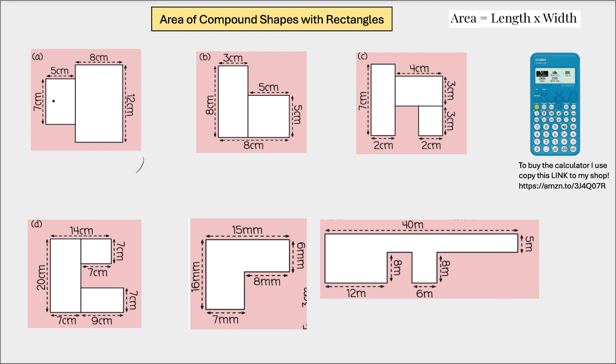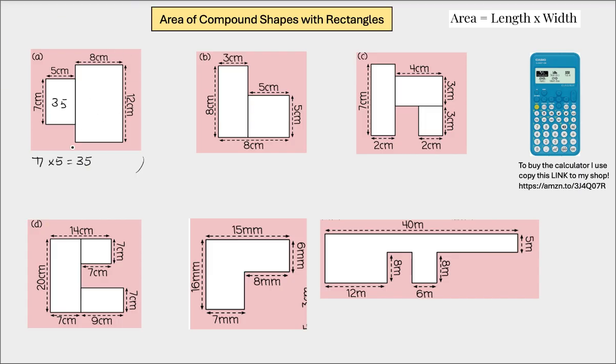So to do this, like I taught you before, this is just a rectangle on its own, 7 times 5, which is 35. So that's what we'd normally do.